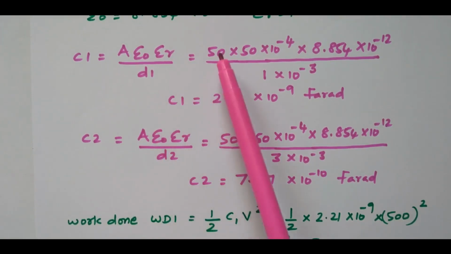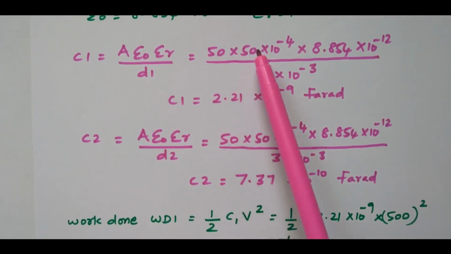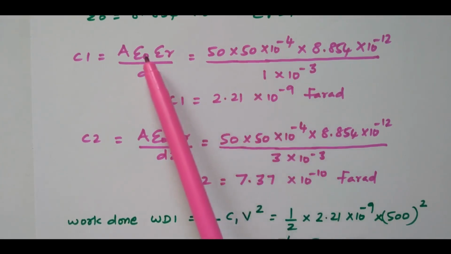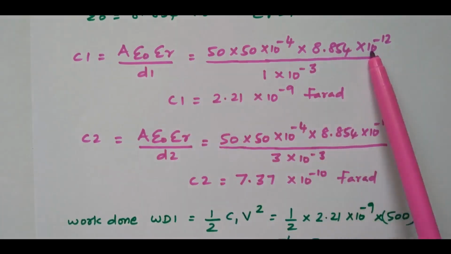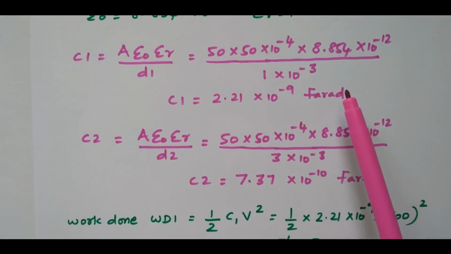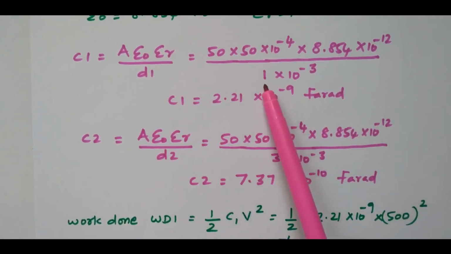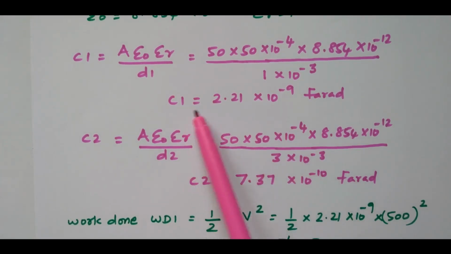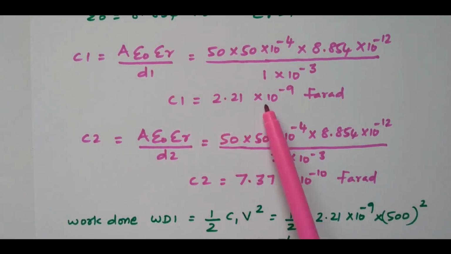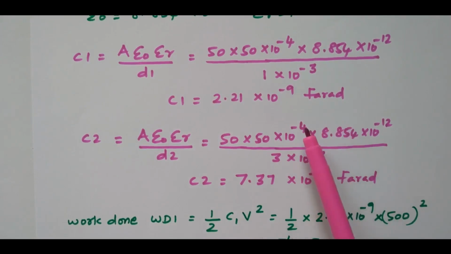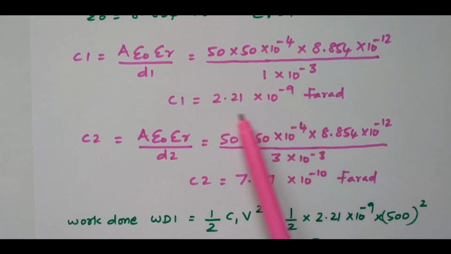The area is 50 into 50 into 10 to the power minus 4, epsilon naught is 8.854 into 10 to the power minus 12, divided by 1 into 10 to the power minus 3. So C1 equals 2.21 into 10 to the power minus 9 farad. When the distance between the plates is 1 millimeter, this is the capacitance value.